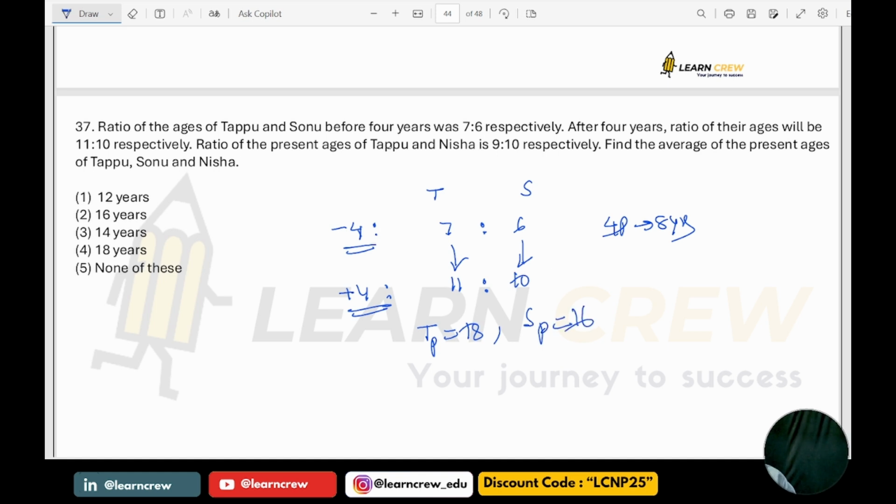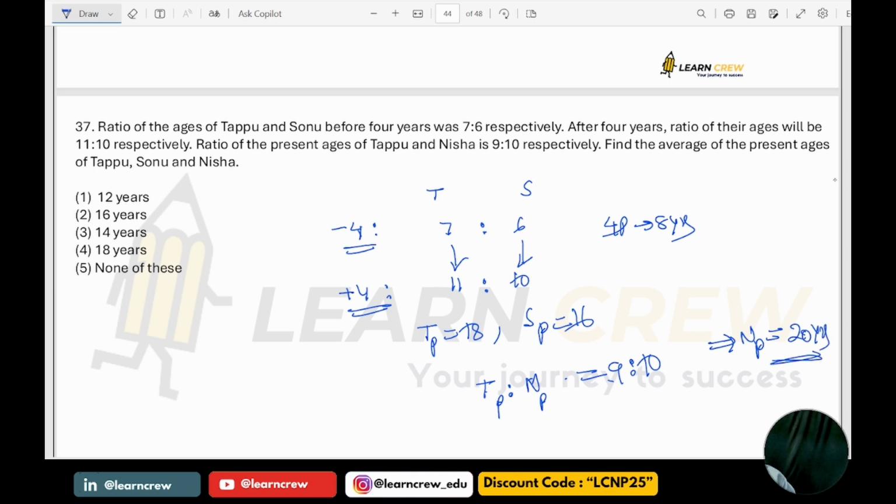Ratio of the present ages of Tapu and Nisha is 9:10. Thereby, Nisha's present age would be, as 9 parts is 18, 10 parts would be 20.